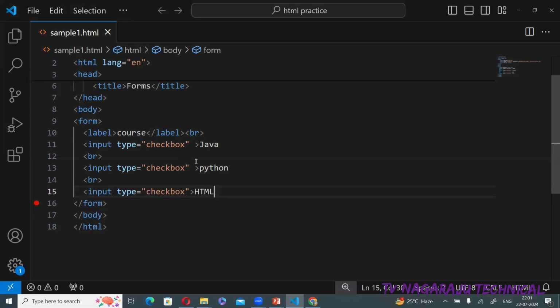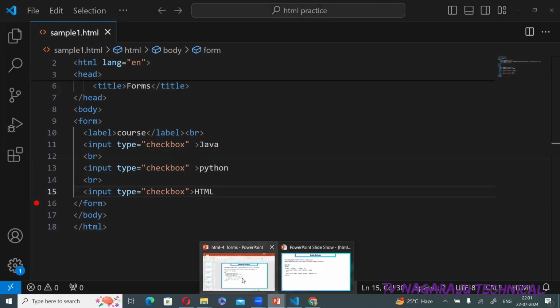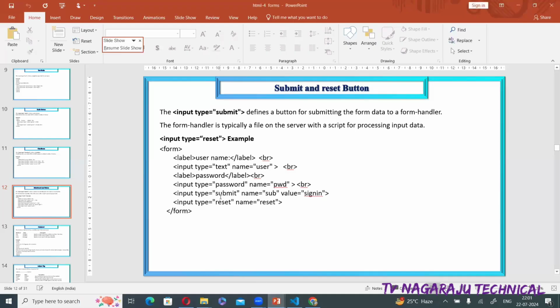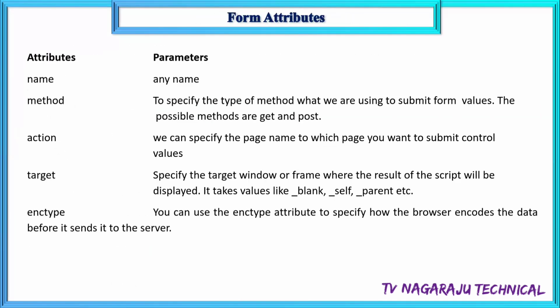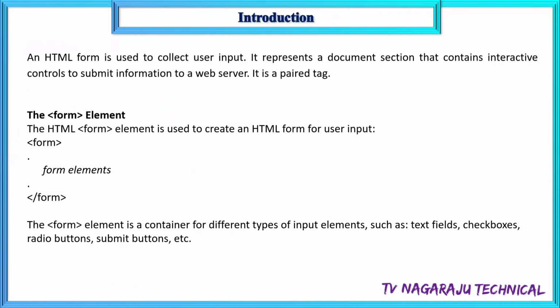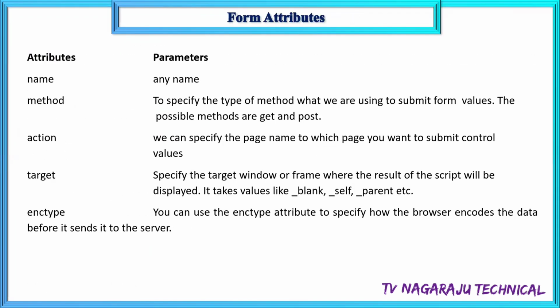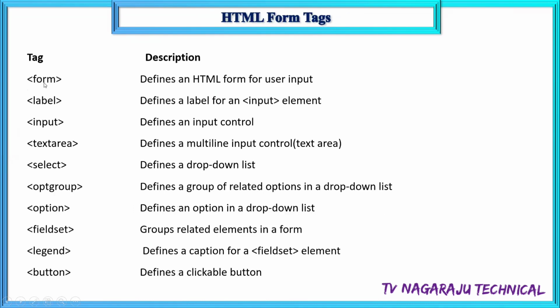Okay. These are the different types of buttons. Till now, what we discussed is this. So what is the form tag? What are the different attributes? Anyway, these attributes are not at all covered, I just gave a brief idea. So the form tag is completed.